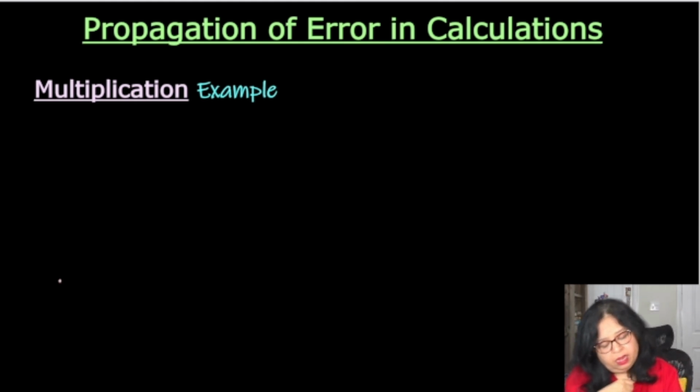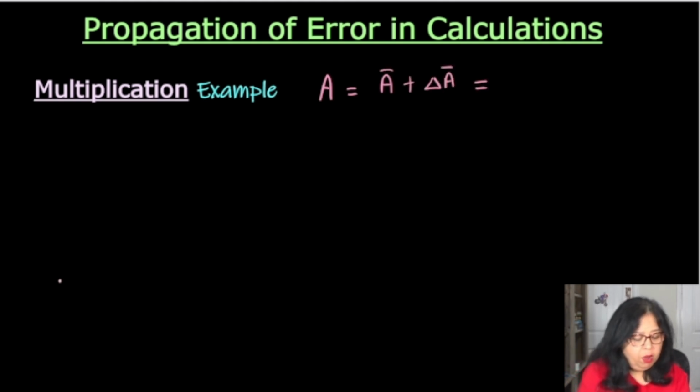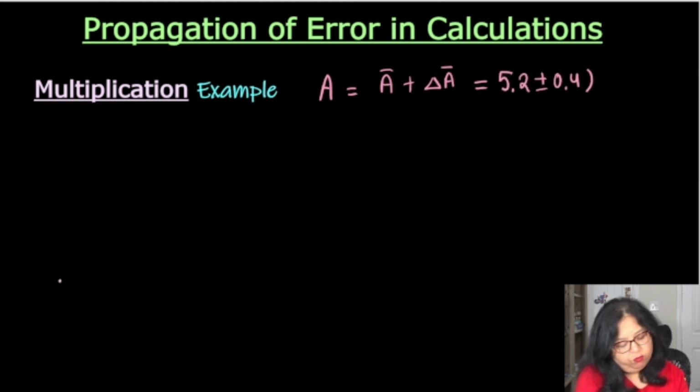Let's say A equals A bar plus delta A bar. Okay. And A bar is equal to 5.2 plus minus 0.4 meters per second.